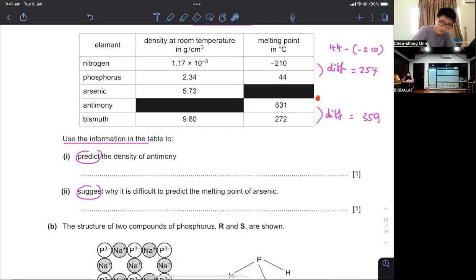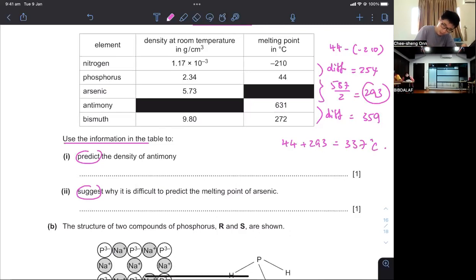So if you split that in 2, that is 587 divided by 2. Give or take, that's around 293. So there is a difference of 587 between this and this. This is estimate, yeah? Different people will do this differently, okay? I've just worked out the values from my calculator. So the one thing I'll be able to say is maybe 44 plus 293, maybe, okay? I'm not entirely sure. 337 degrees Celsius would have been okay.